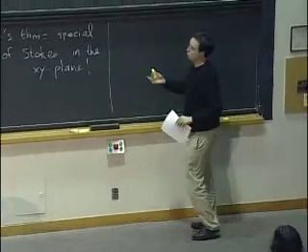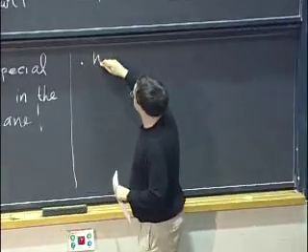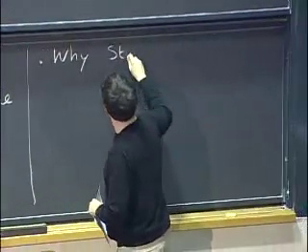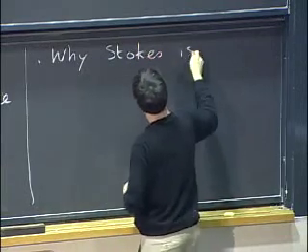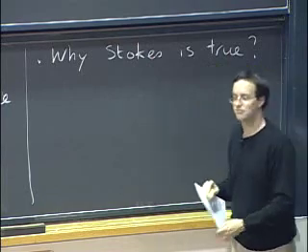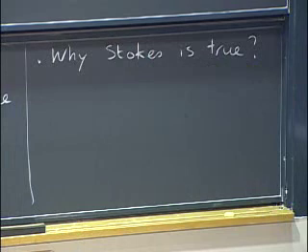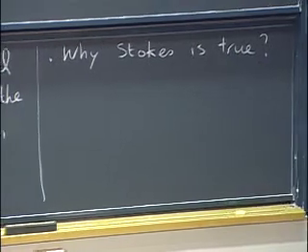Okay, so let me explain to you quickly why Stokes is true. How do we prove a theorem like that? Well, there are other ways, but the least painful strategy at this point is to observe that we already know a special case of Stokes' theorem.